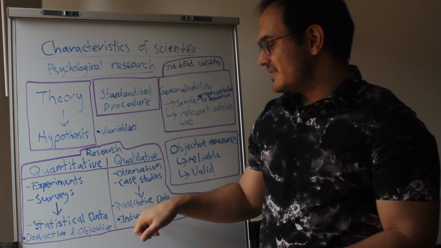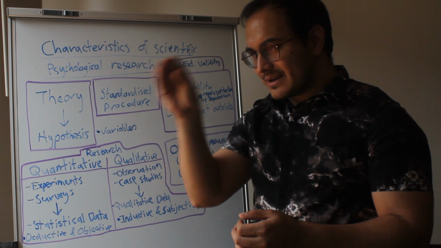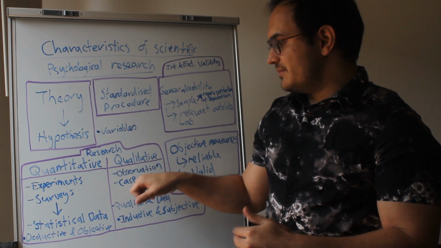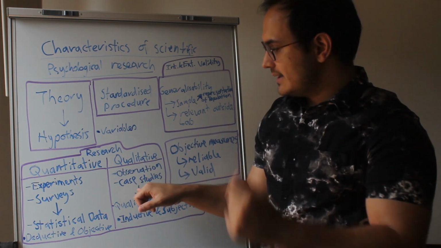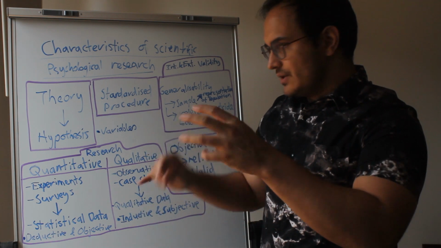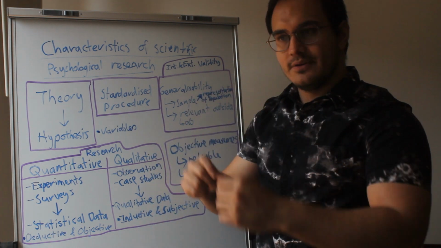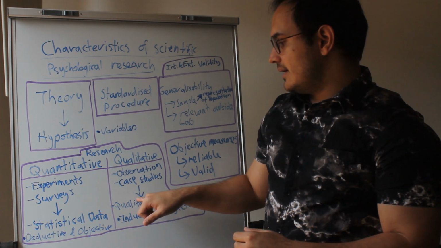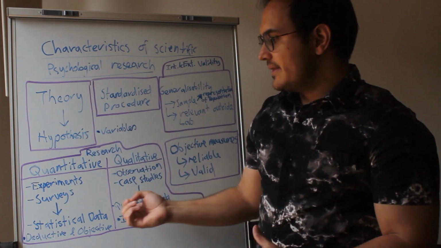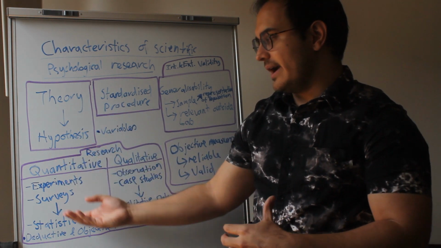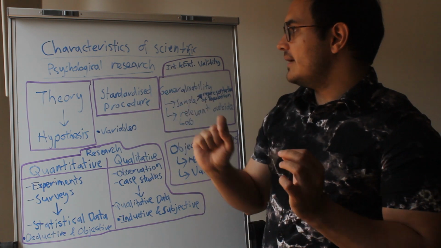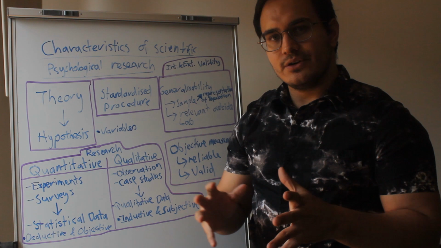But he's got the inductive reasoning through seeing particular manifestations of people and phenomena, and then building up lots of different inductive arguments and ideas to come to an overarching theory that then maybe we could quantify and study. So that's the characteristics of scientific psychological research.